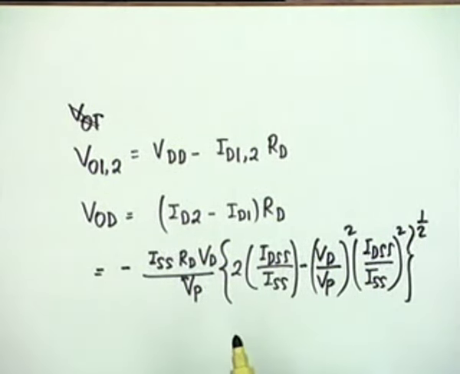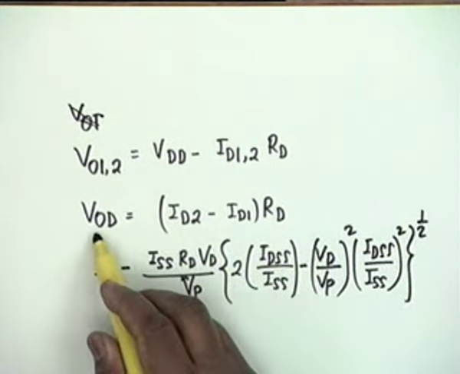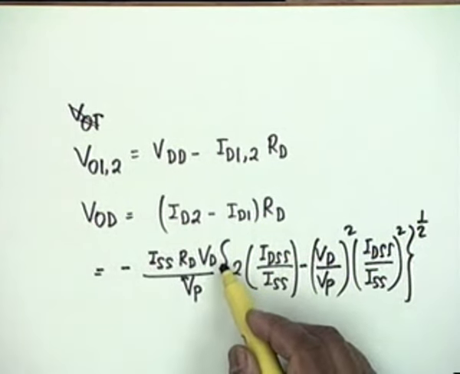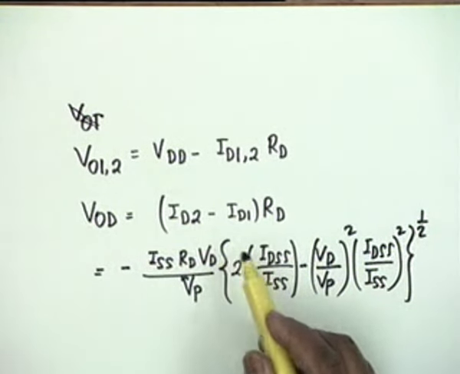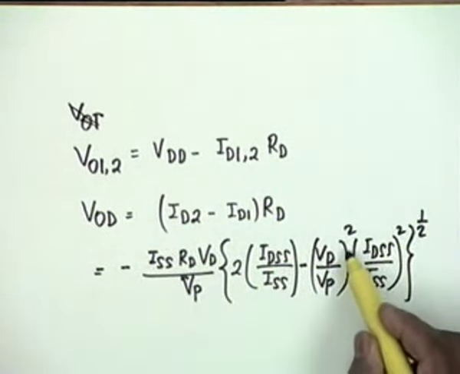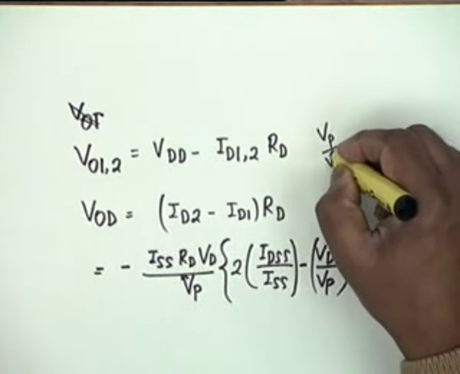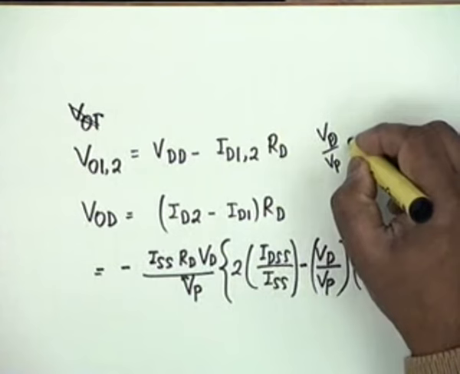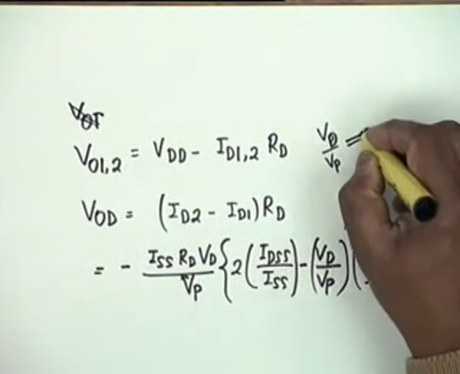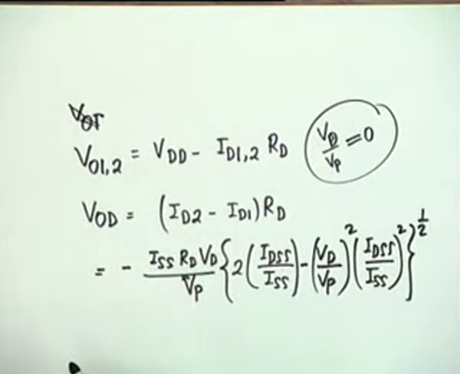Okay, now this is not a linear expression. That is, VOD does not vary linearly with VD by VP, because of this square expression here. It is actually a cubic. However, near VD by VP equal to 0, the expression is approximately linear.